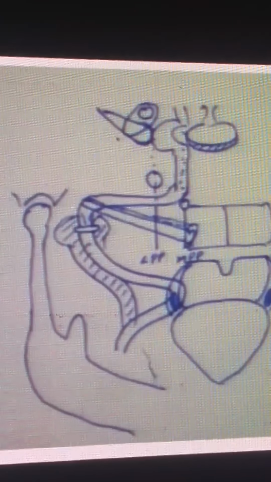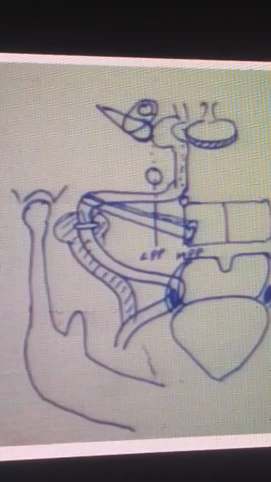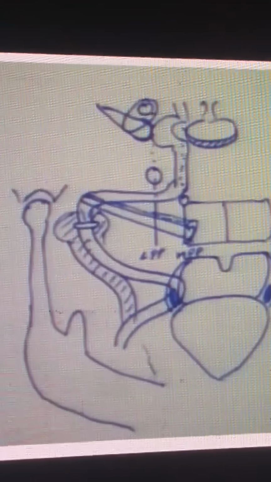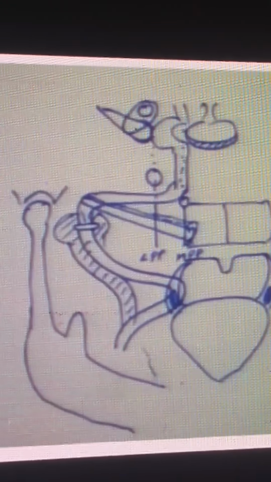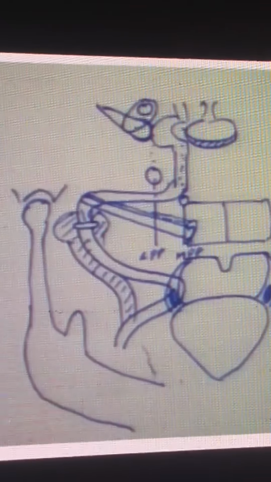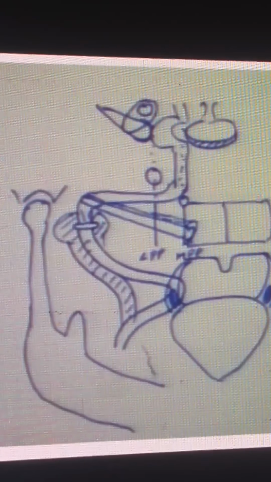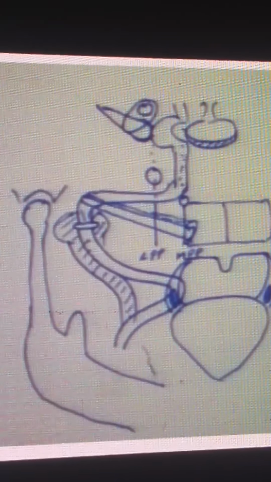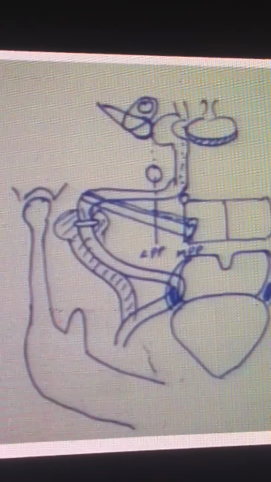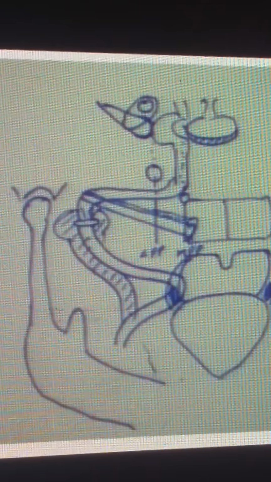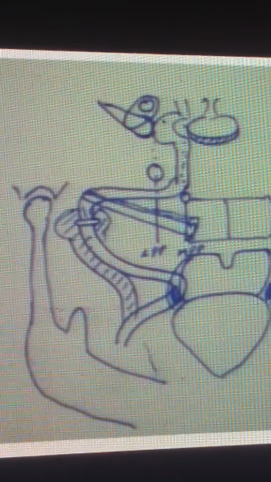common tendinous ring. Now, the space between this optic canal and the superior orbital fissure is called the optic strut. In mechanical, in physical, in engineering terminology, this is called a column. This is called a strut. See the shape here. It is a strut. It is like this.